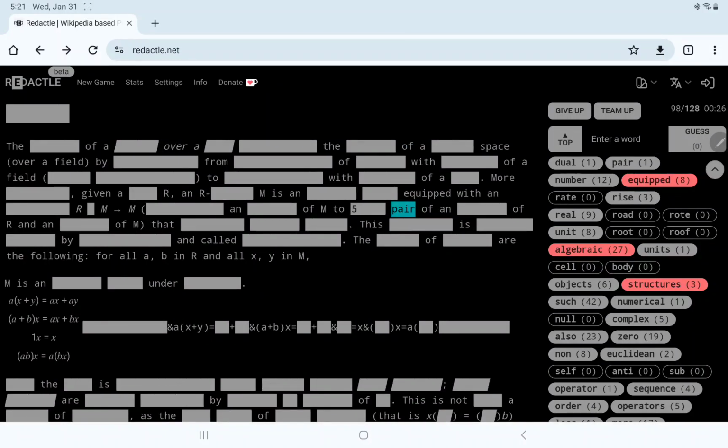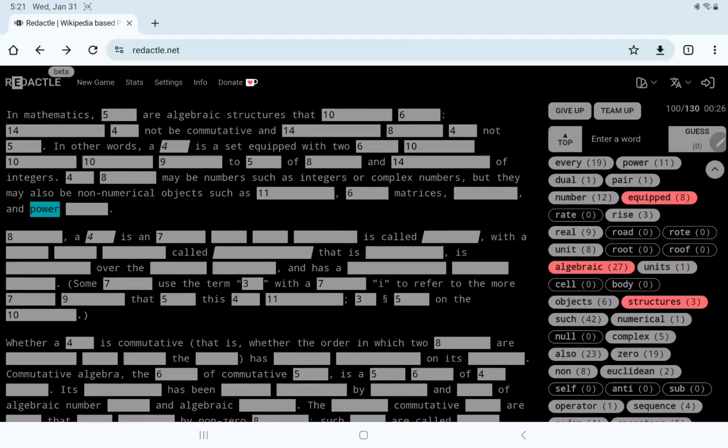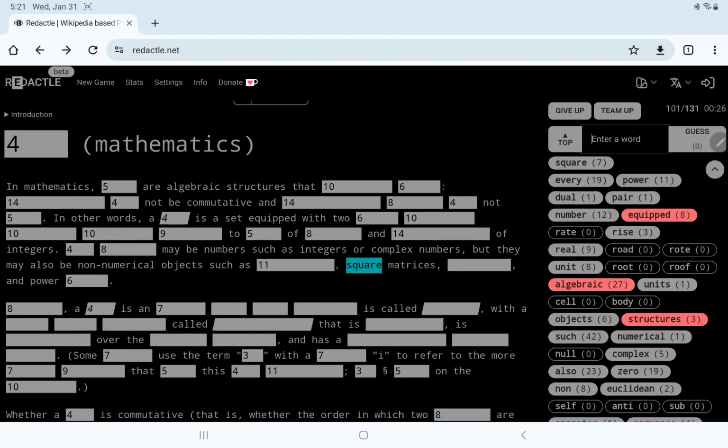No. Every pair of an something of R and an... No, well, I haven't done power yet. Okay, so it could be in power something. Let's do square matrices.